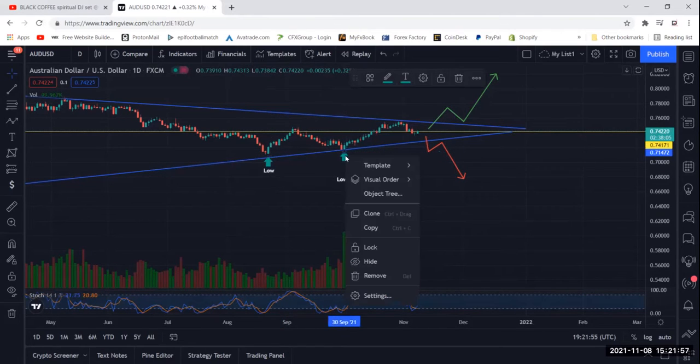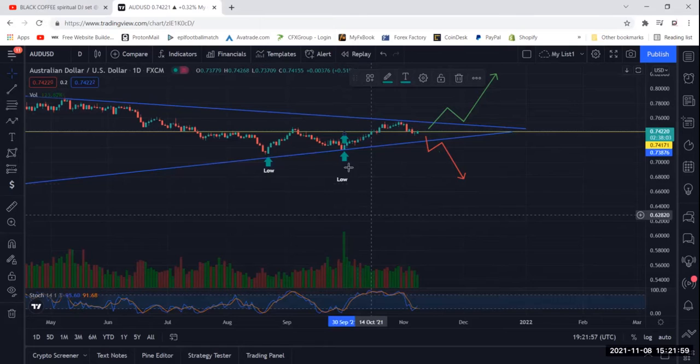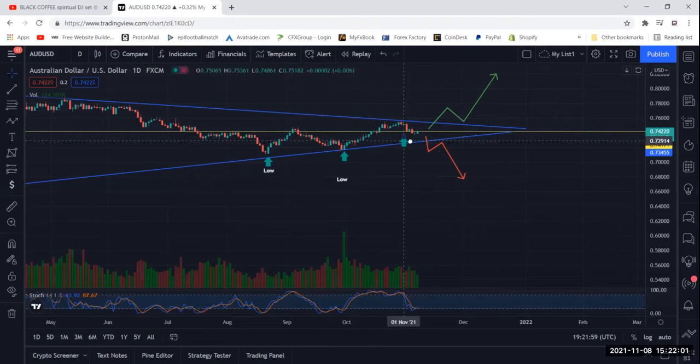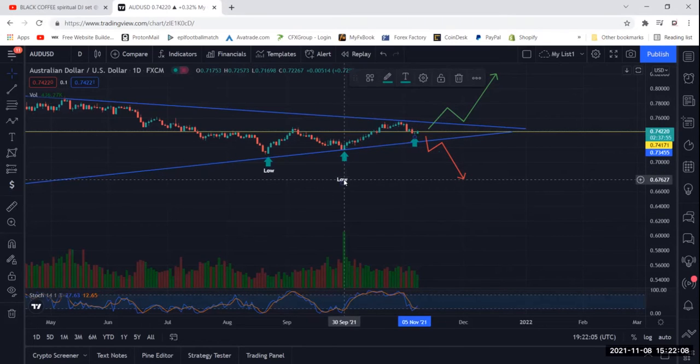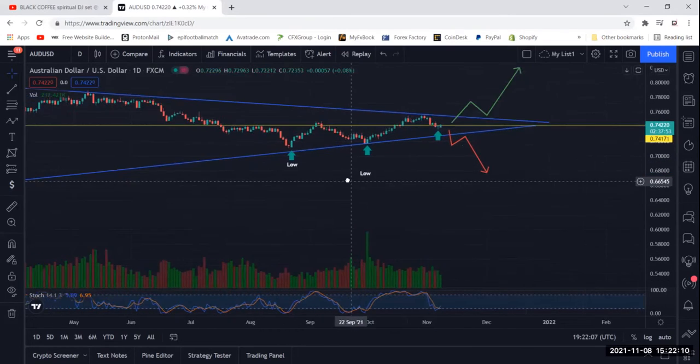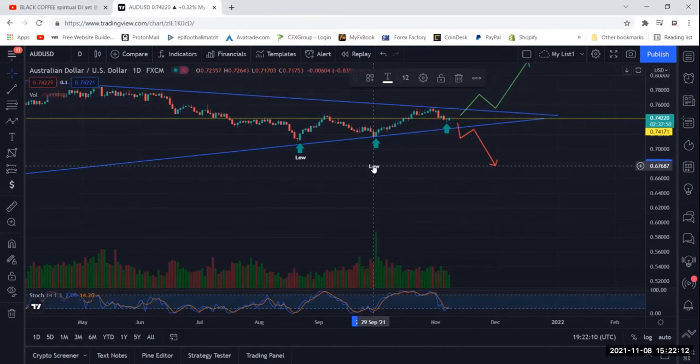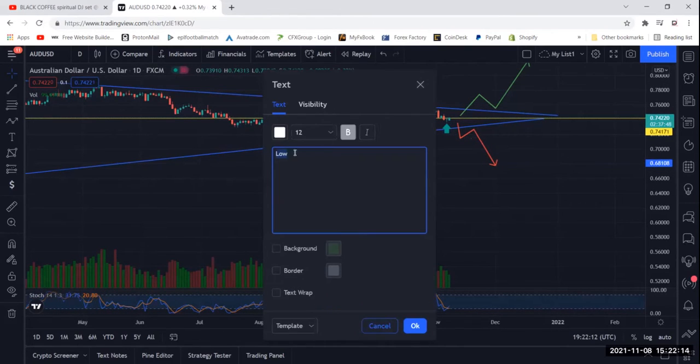Then I'm going to clone this again, and I believe we have forming here a new higher low. Bear with me, I hope you're understanding what we're doing here. So we have a low, we have a higher low.